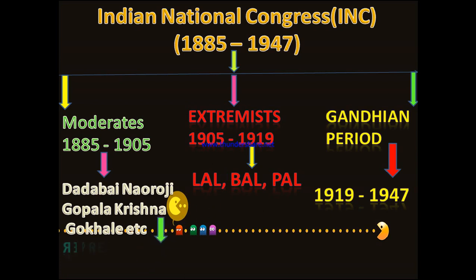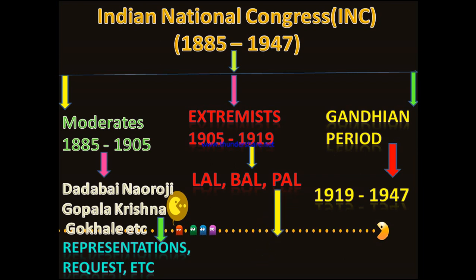Under the moderates, the main method they followed against the British government was only giving representations and requesting the British government for their needs and demands. So they did not follow any violent methods against the British East India Company.